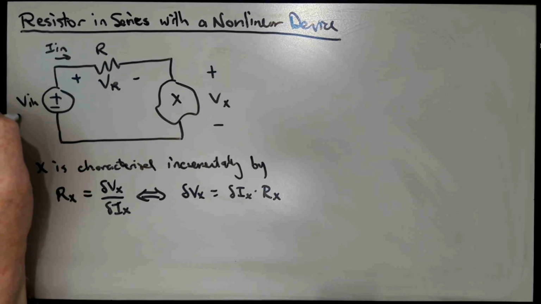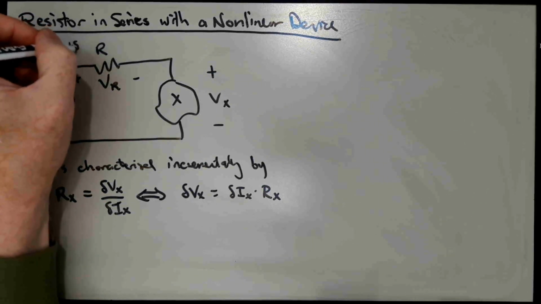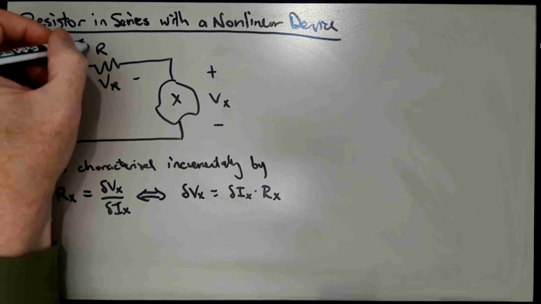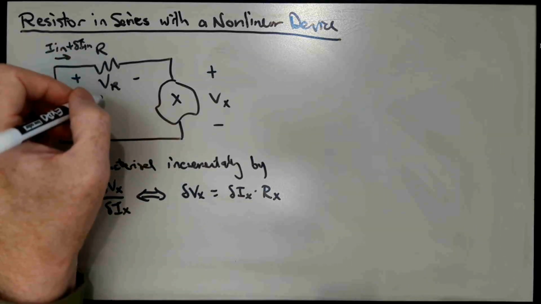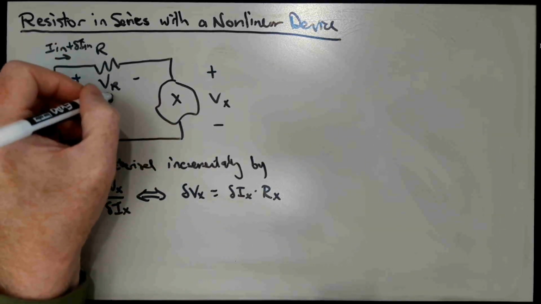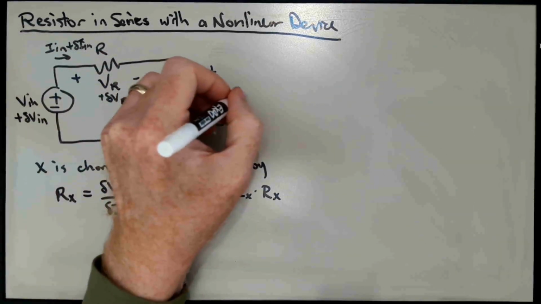Now we're going to be interested in two things. First, if we increase Vn by some delta Vn, there'll be some increase in the current flow from In to In plus delta In. There will also be some increase in V sub R and some increase in V sub x.